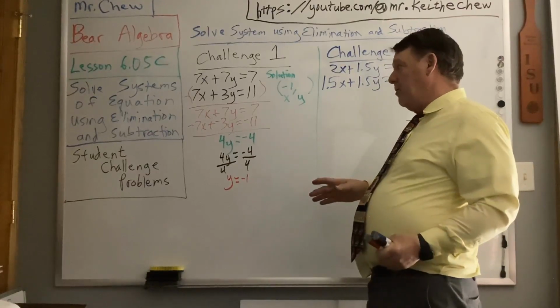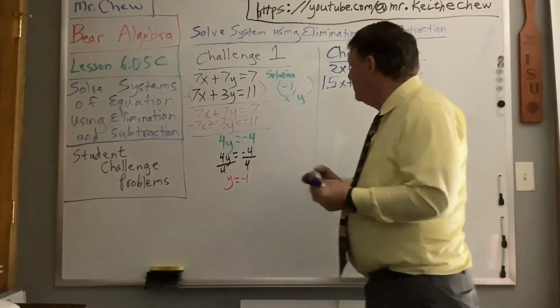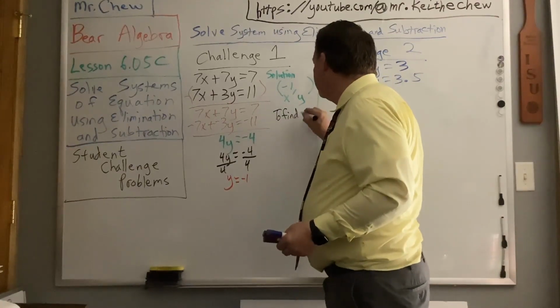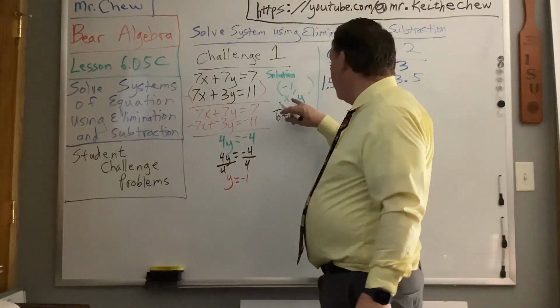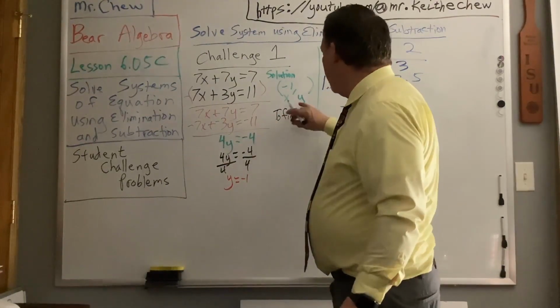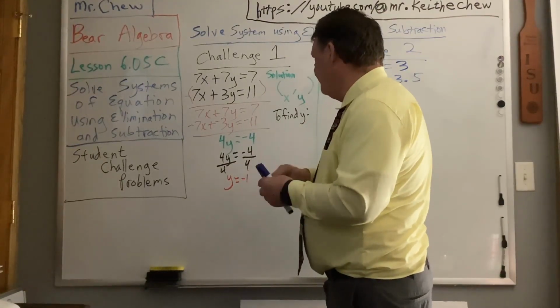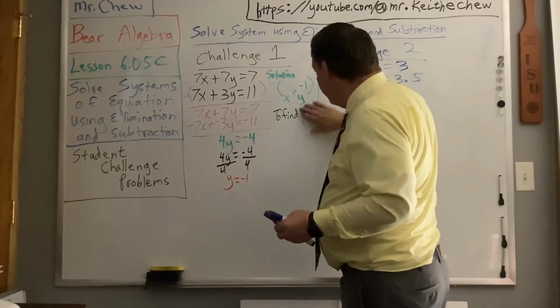So how do we find our y? To find the y, I'm going to take y equal, or no, we already have that, that is our y, that's not our x. Have to make sure that we put it in the right place here. So now we're finding x.